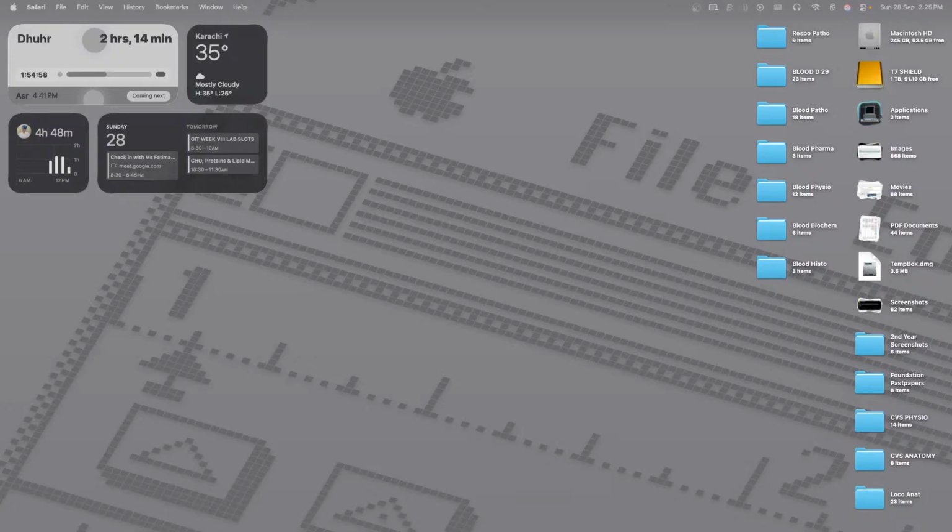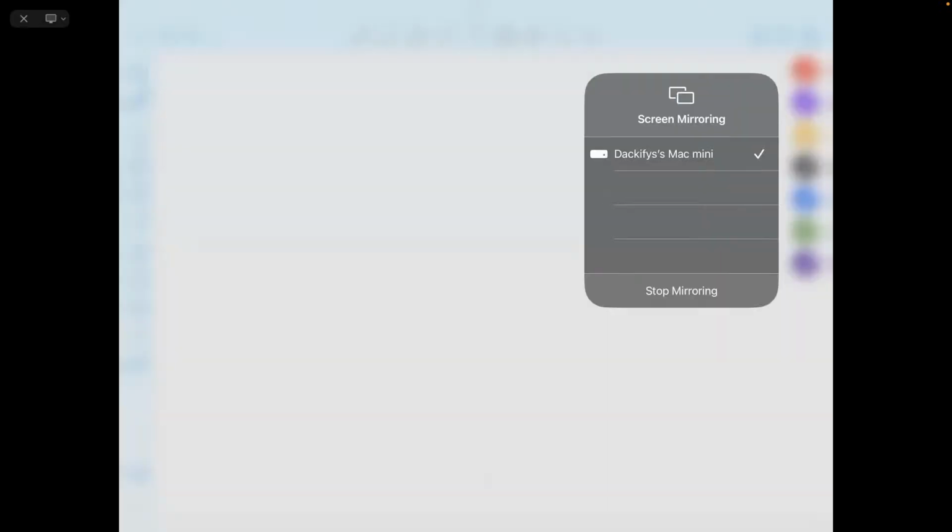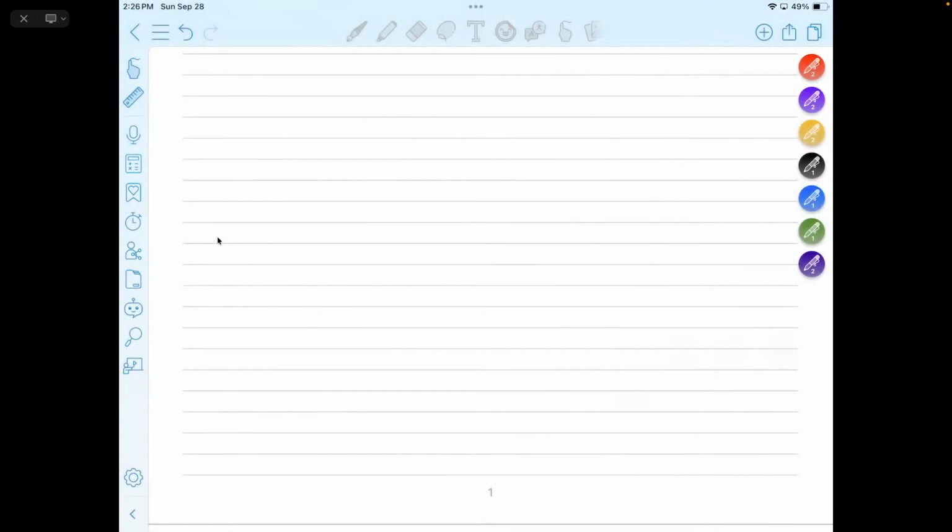Boom shakalaka. I think it's so odd that you cannot use two displays. Like macOS ceases to exist if your iPad screen is being shared. Like that's so abysmal. Like blimey, innit?